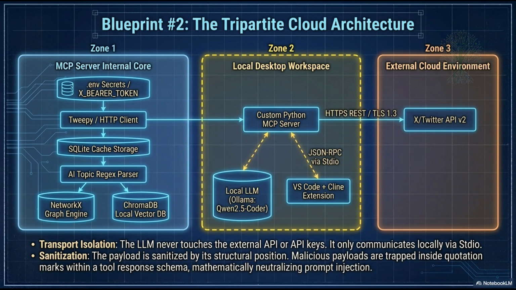It acts as a neutralization layer. How does JSON formatting neutralize an attack? The HTTP client doesn't just paste the raw tweet at the end of the prompt. It assigns the text as a string value within a very specific JSON key in the tool response. Okay, I want to break down why that actually stops the attack mathematically. Because in a transformer model, attention weights are heavily influenced by the structural markers around the text.